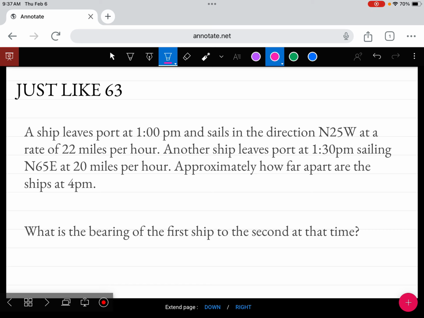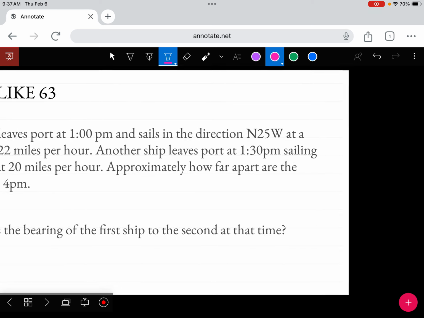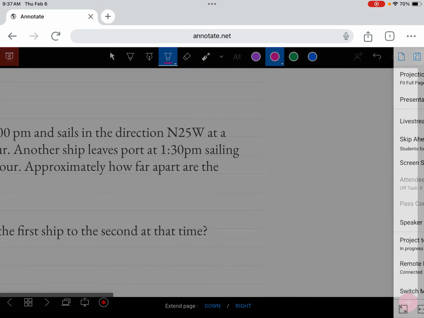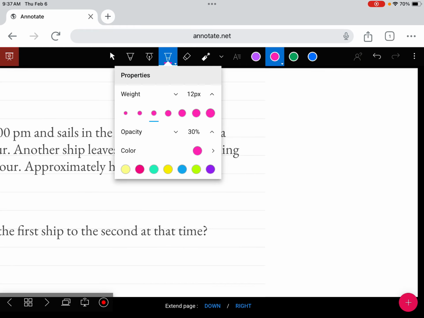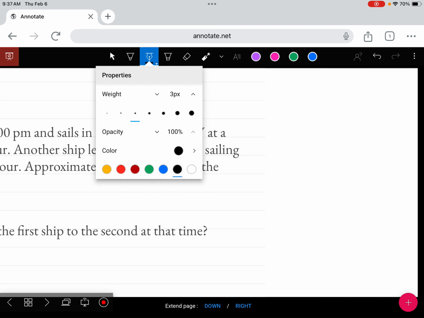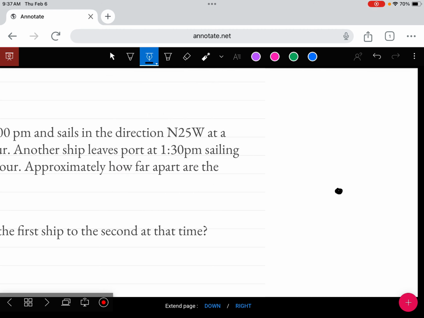We've got a ship that leaves port at 1 p.m. and sails a certain bearing at 22 miles an hour. Then the other ship leaves port at a different bearing at 20 miles an hour. So I'm gonna draw it out over here. We have a port.